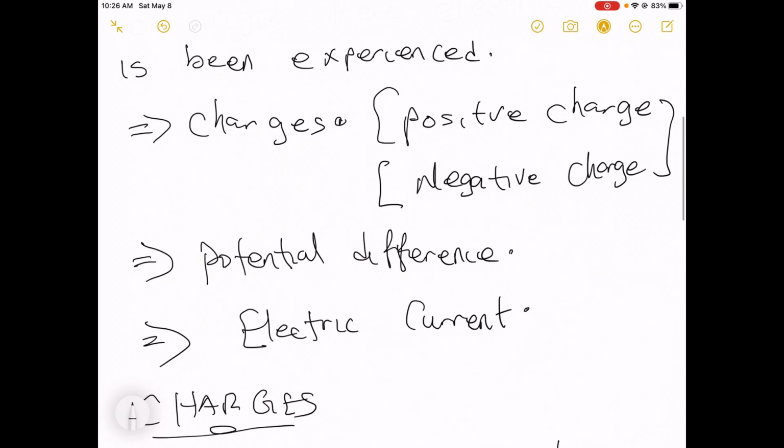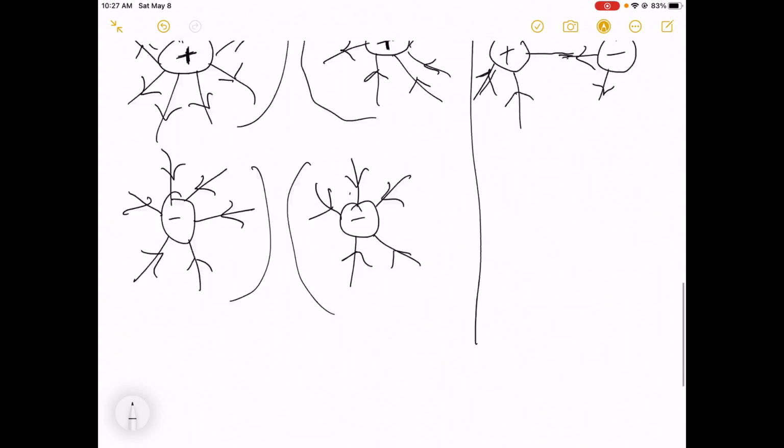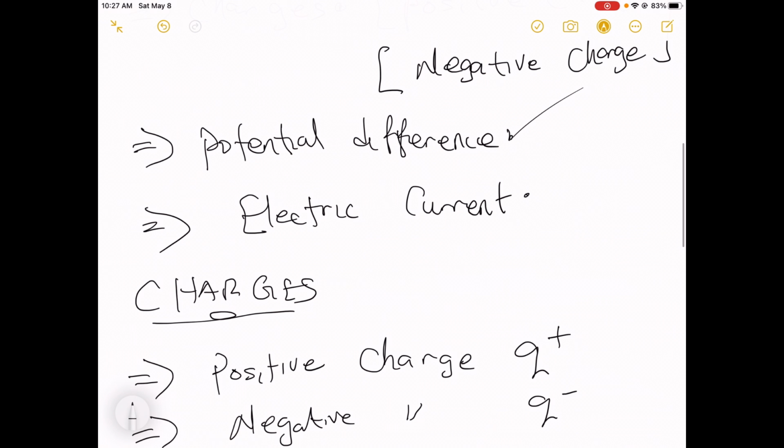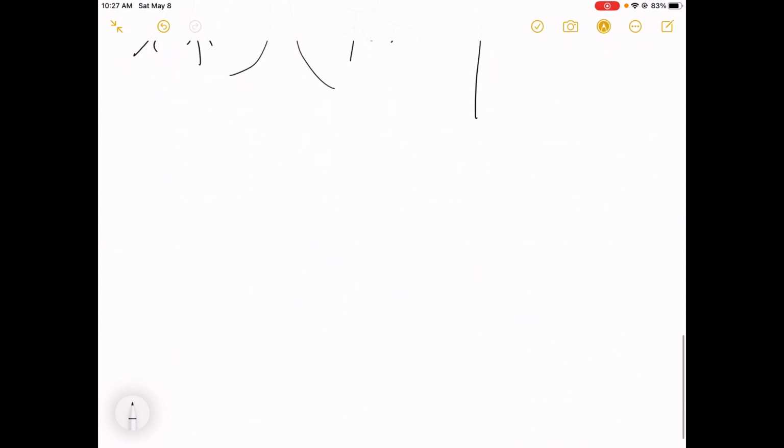Now my next concept is potential difference. But before I explain potential difference, I would like to explain what electric current is. In an electric field, there's always a current that moves. Before an electric current can actually happen, some things must have been done.